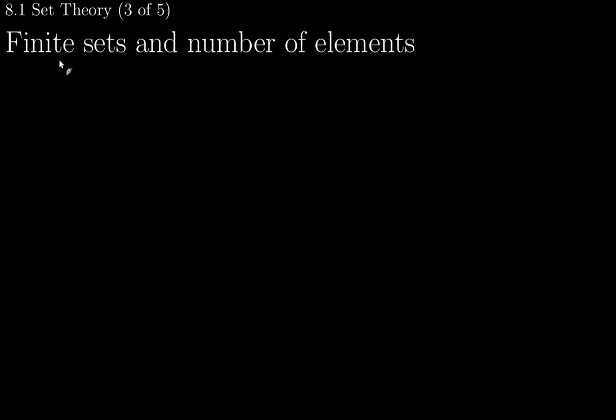Now, what might be a little bit easier to consider is finite sets, a set that has a finite number of elements. They're actually very easy to represent. So here are just a few examples. One example is, let's say, the set of single-digit positive integers.